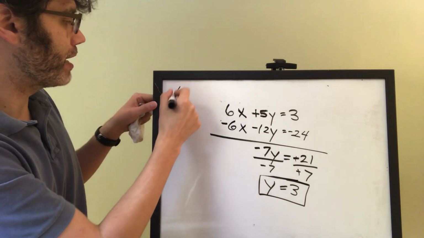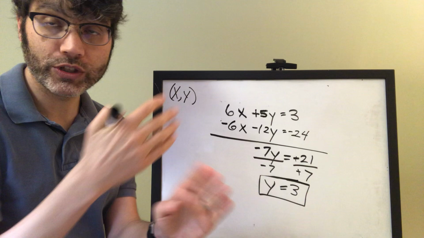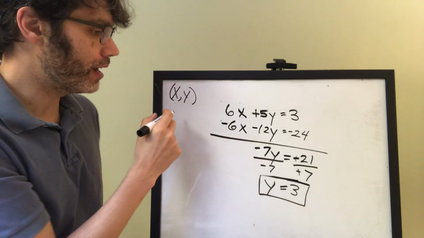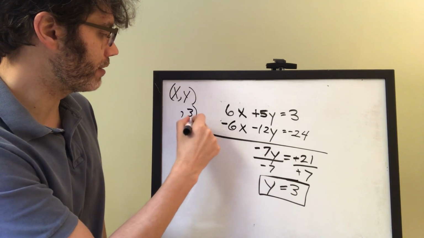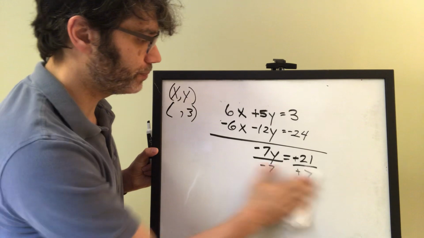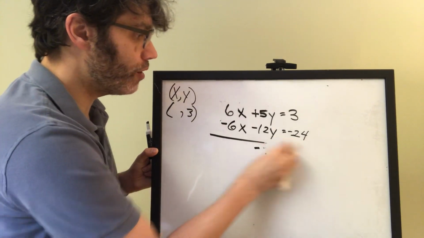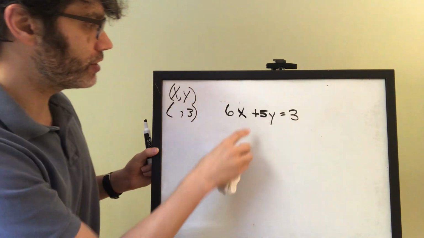So if I'm looking for my xy coordinate that both of those equations would cross at, we know that the y value is going to be 3. Now we just need to figure out what the x value is. We could substitute y and put in 3 into any of these equations.